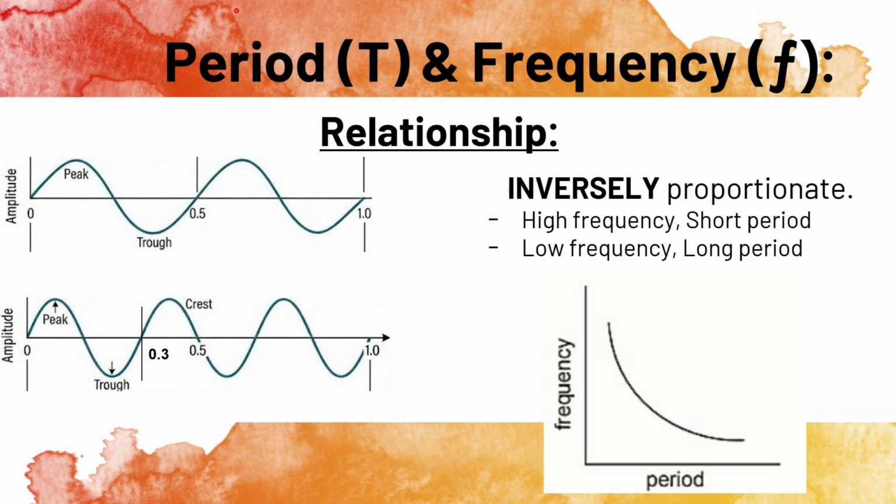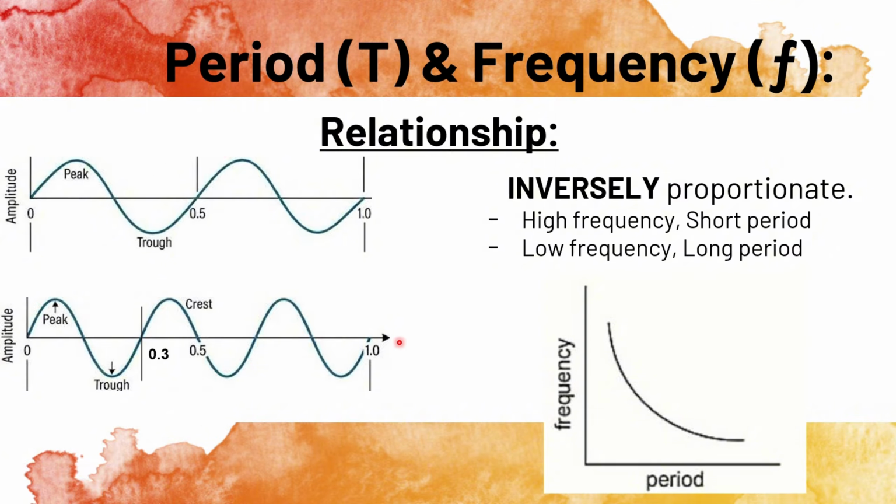So let's quickly look at these two illustrations here on the left hand side. So our first indication that the frequency increased is that the waves are closer to one another in illustration 2. In illustration 1, they were more spread out, which means they had a low frequency.